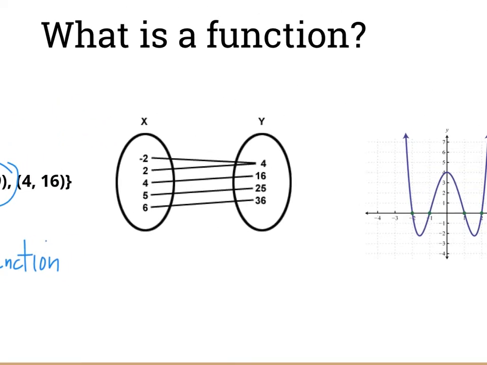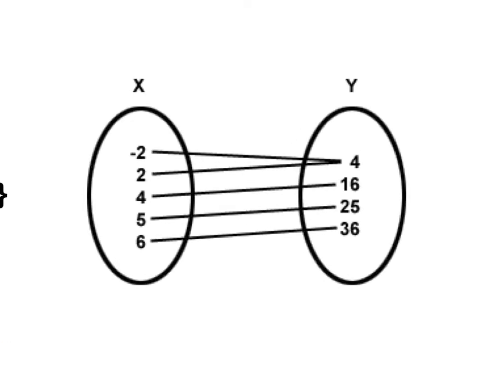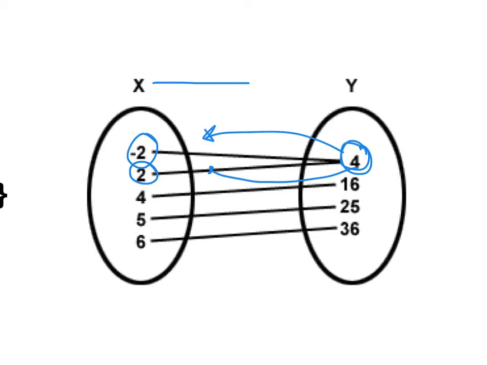In the same way, if we look at the diagram mapping the values in x and y, 2 is being paired to 4, that's a single value. Please do not be confused thinking that 4 came from, or is paired to, two values of x. Remember, the rule is from x to y and not y to x.